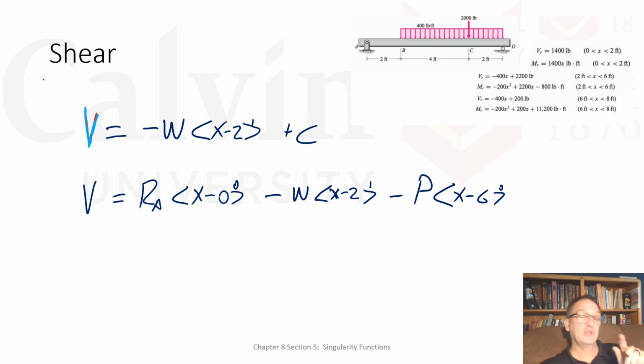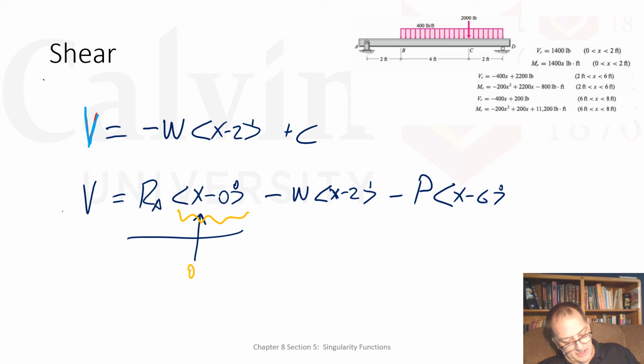Now, if you look at this through a particular set of lenses, that's a constant. This term here is equal to 0 or 1. And so this term is a constant.